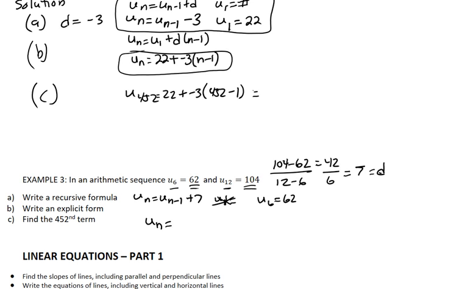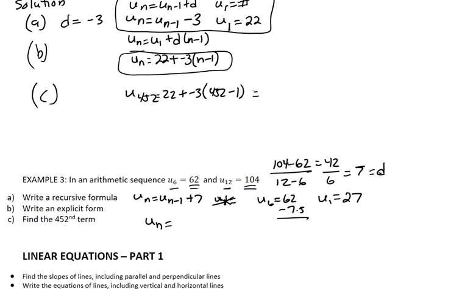So let's figure out u sub 1 here, which is if I'm going from u sub 6, I would subtract 7 5 times because I'm moving backwards now. I'm going from 6 down to 1. So that would be 62 minus 35, which is 27. Okay, so u sub 1 is 27.